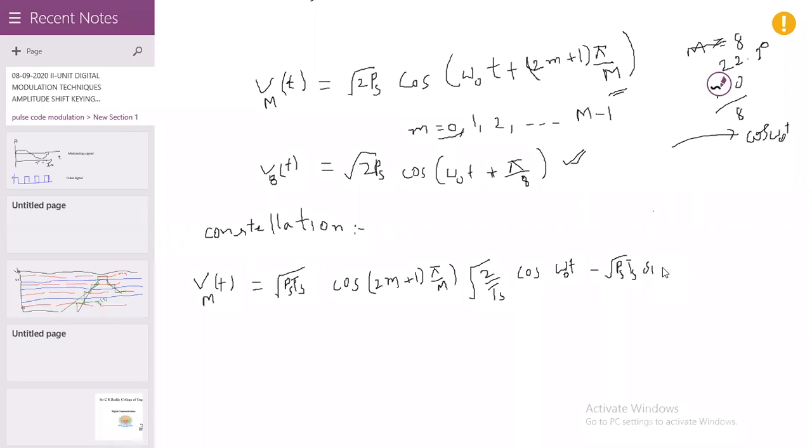Sine of 2m plus 1 pi by m into sine, root of 2 by Ts sine omega naught t. So this is u1 of t, this is u2 of t.